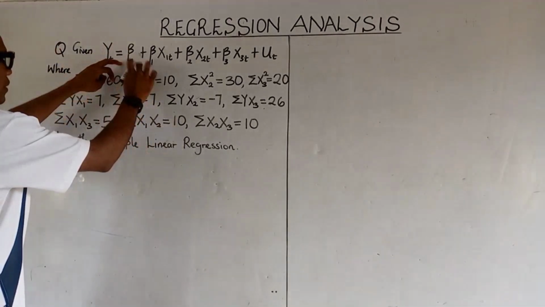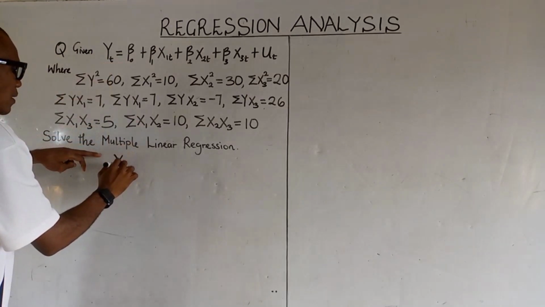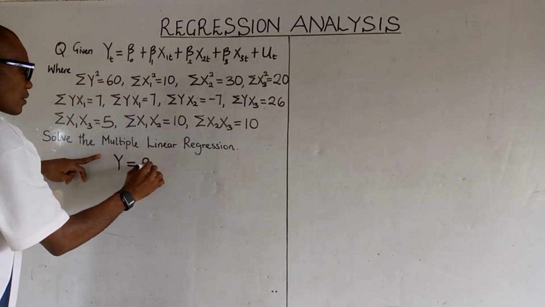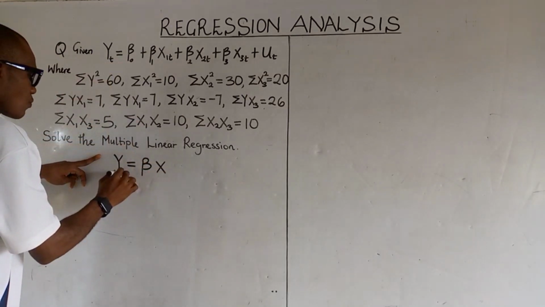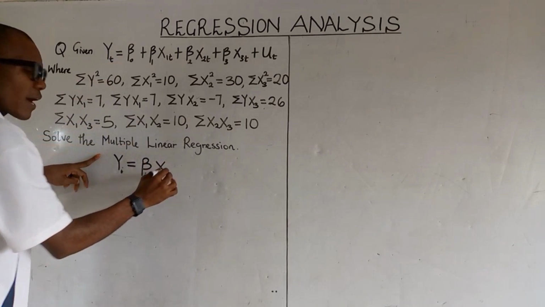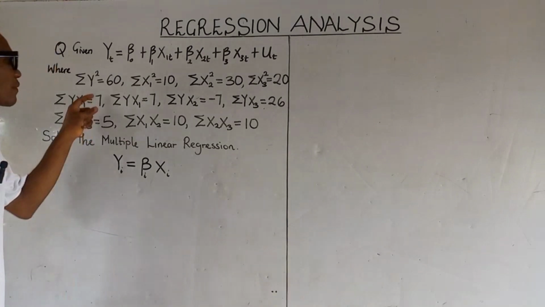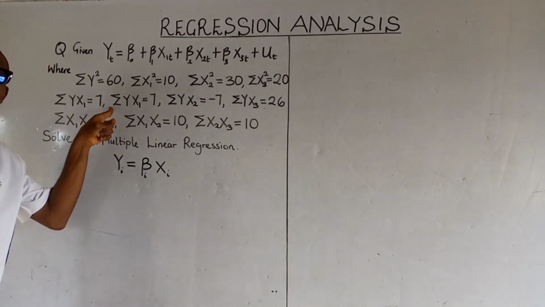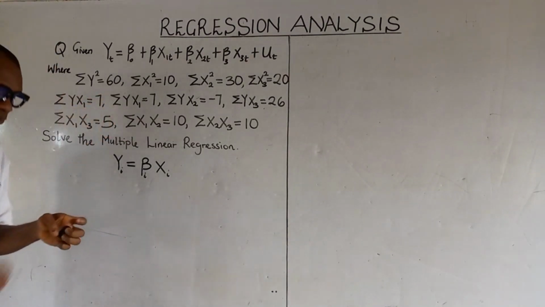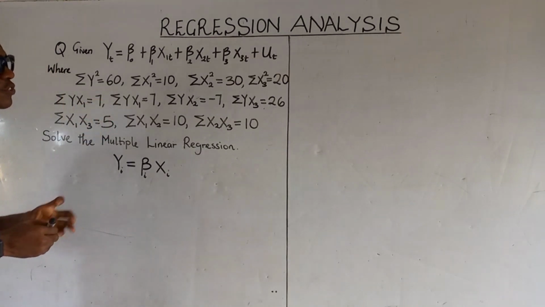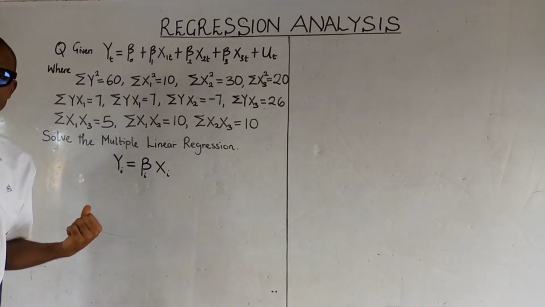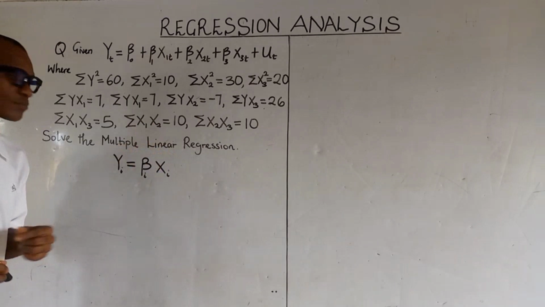So from this, we see that y is equal to bx. So yi is equal to bixr. Solving this is quite simple, but before you solve it, you need to employ the matrix to solve this question.